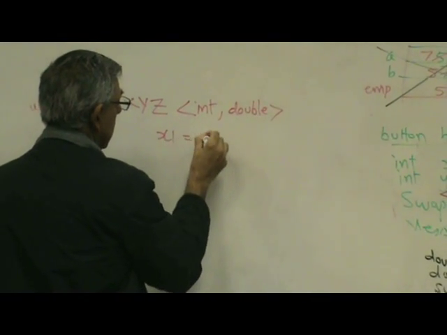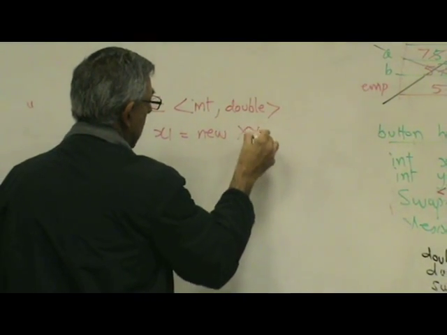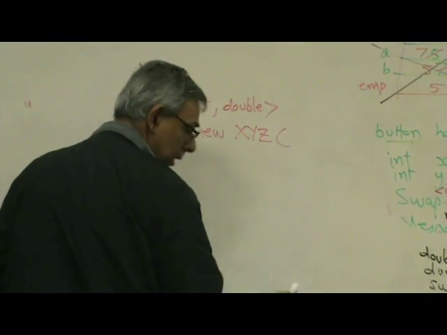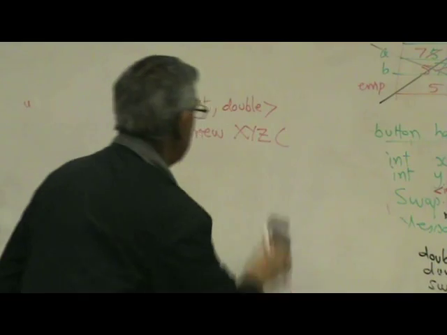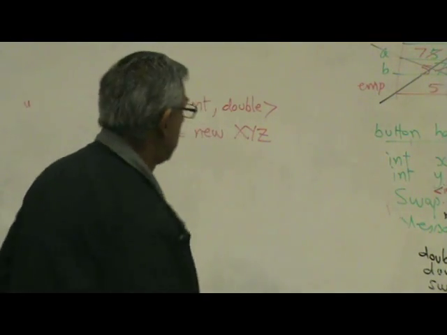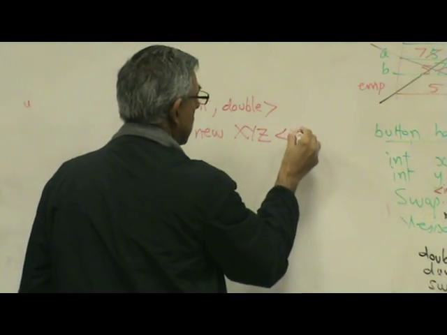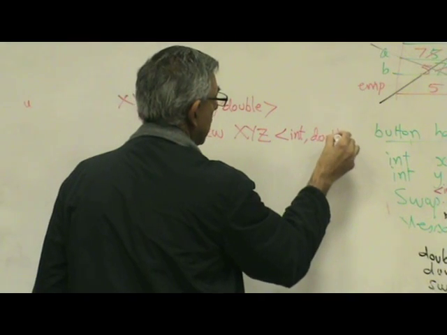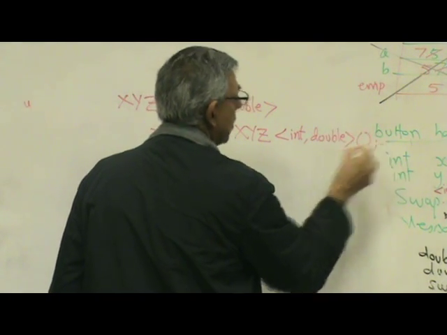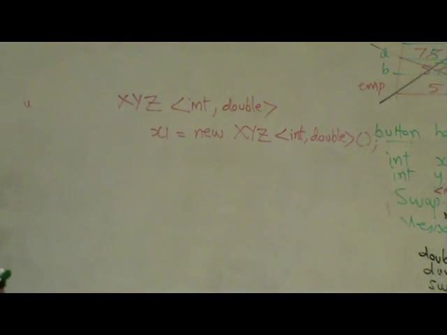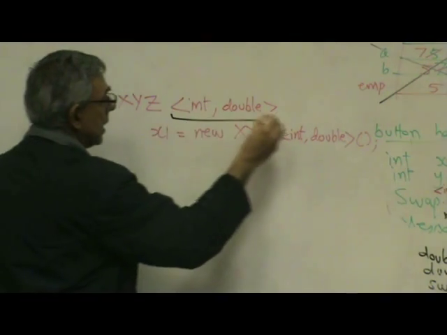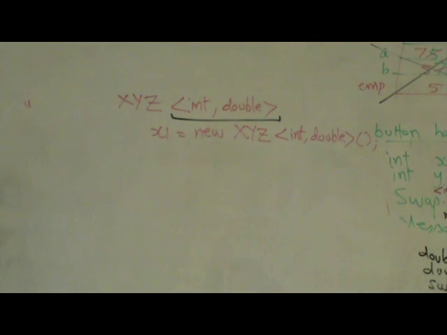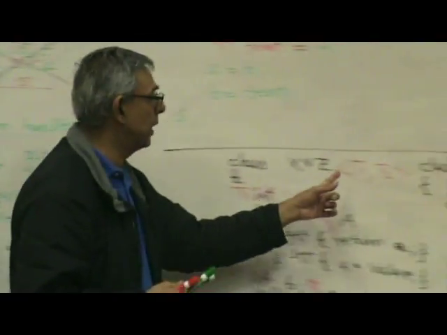Then x1 equal to new XYZ, same thing. Int, comma, double, and then left paren, right paren. So the extra part that's getting added is basically the less than greater than sign and the actual data type that we wanted the two fields to be, okay? Or the two generic parameters to be.